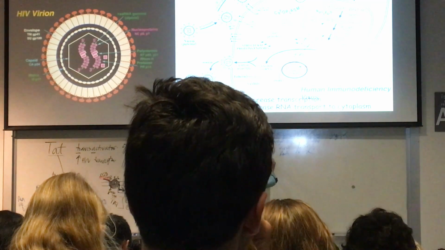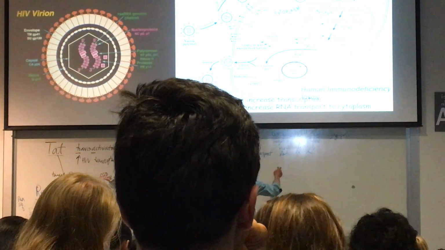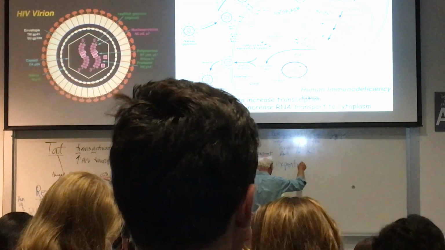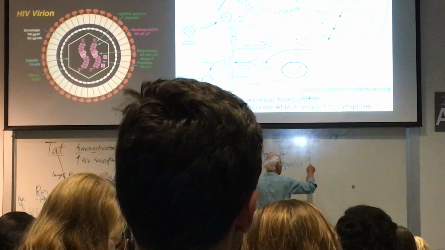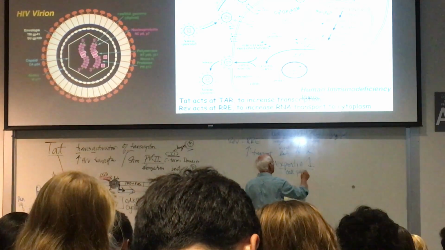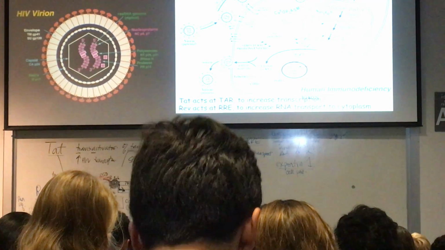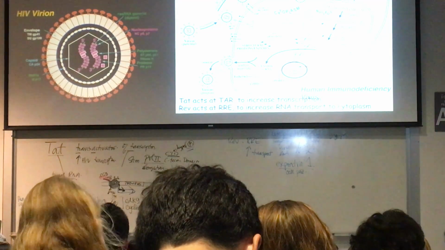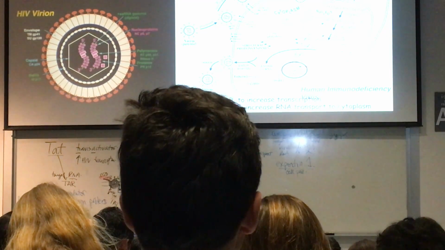And that happens because the complex interacts with the protein exportin 1, which is the cell protein machinery that you need to transport an RNA from the nucleus of the cell to the cytoplasm.